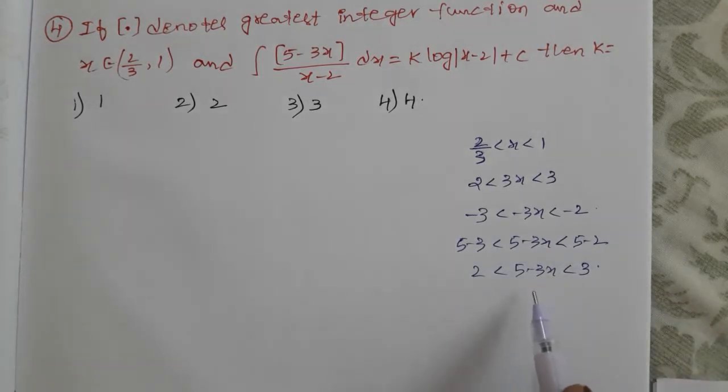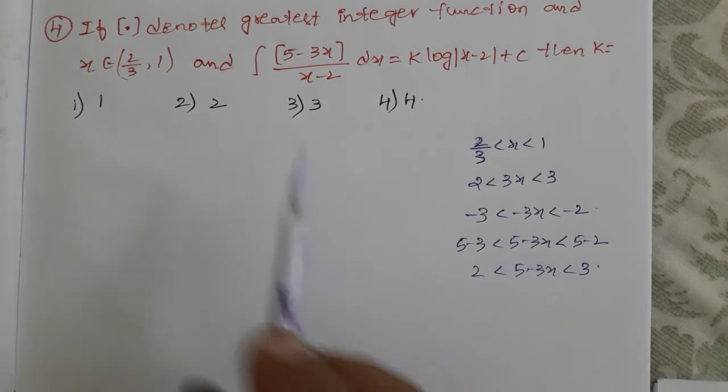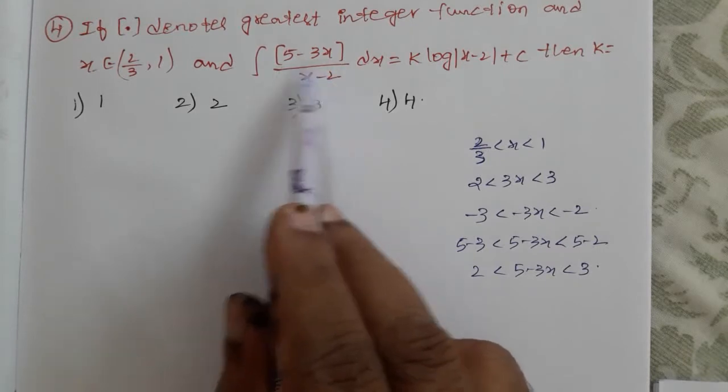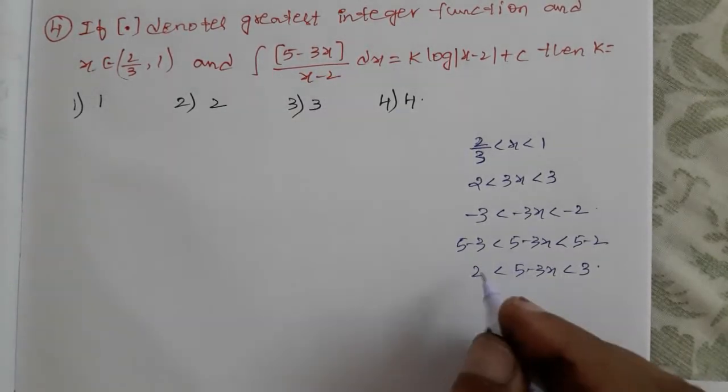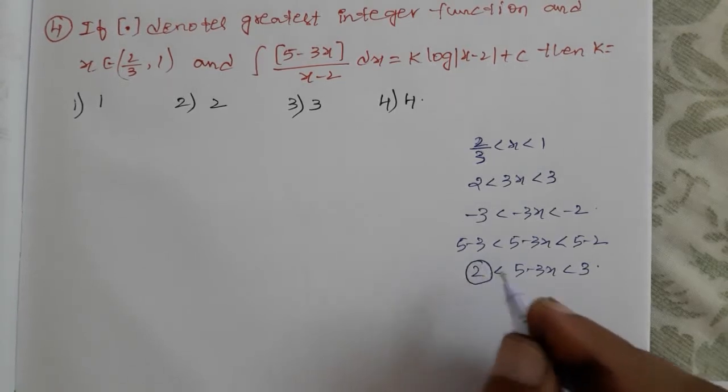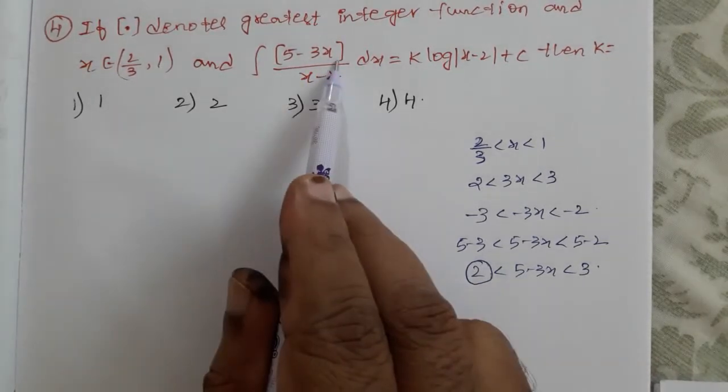That means the value of 5 minus 3x lies in the span of 2 to 3. This represents the step function. The step function always gives us the least integral value. That means this is the value for the step of 5 minus 3x.